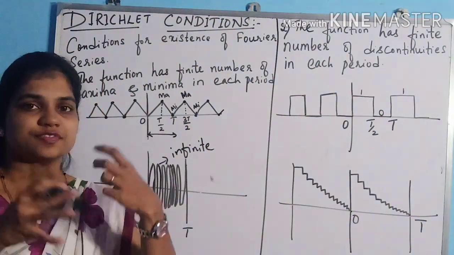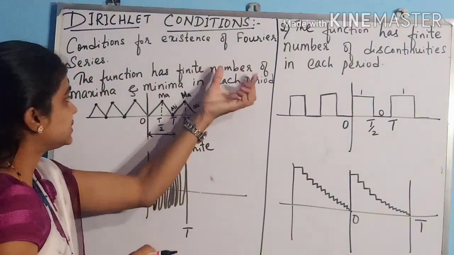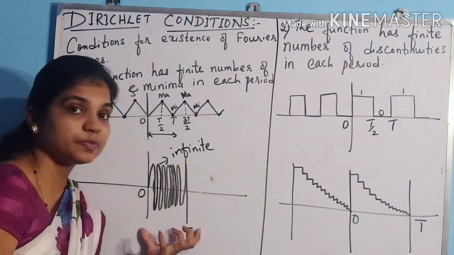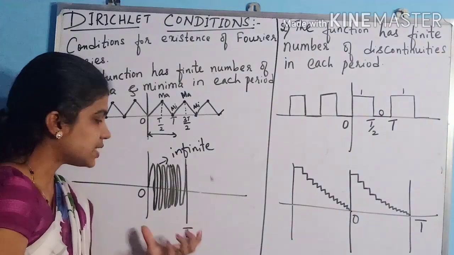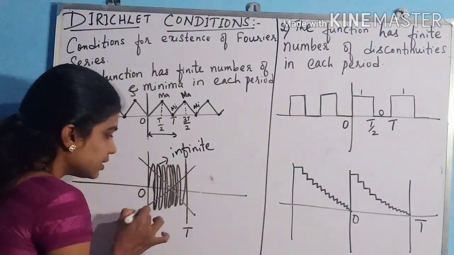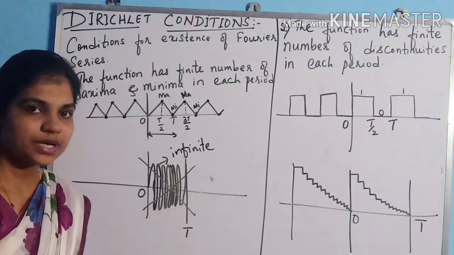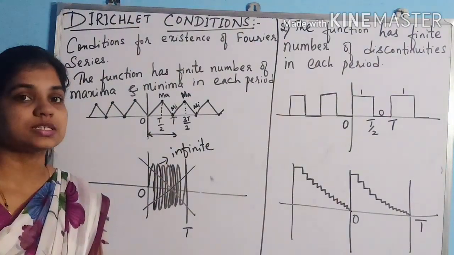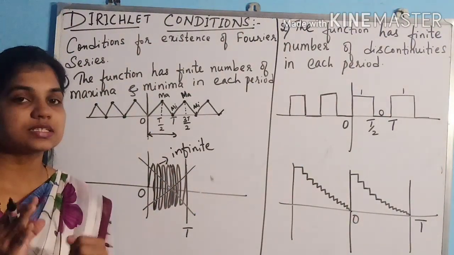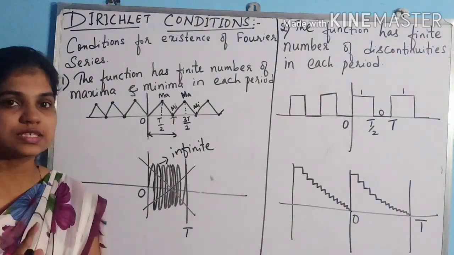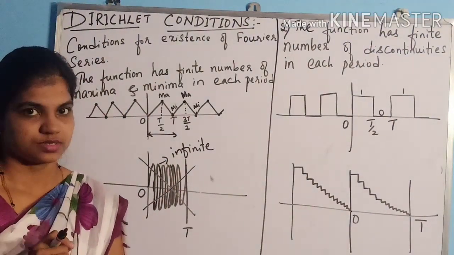We do not have a finite number of maxima and minima in this particular time period. So in this particular waveform, the Fourier series does not exist. This is the first condition of existence of the Fourier series.